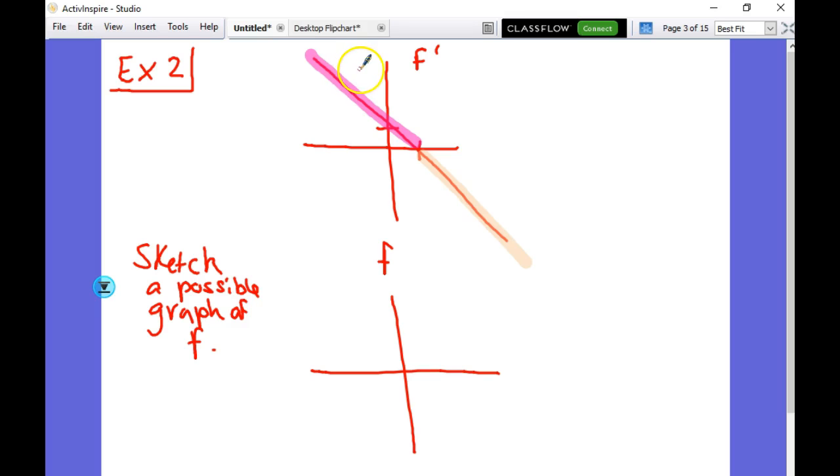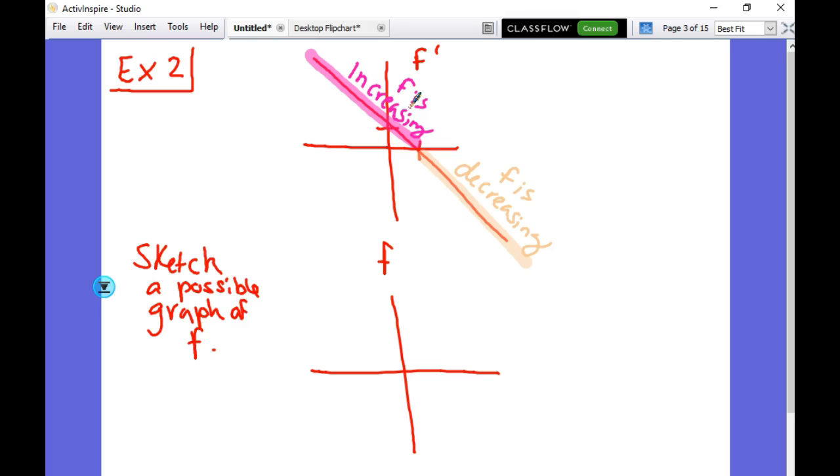So we have increasing, right? And then we have decreasing. And I should be more specific here. I should say f prime is decreasing, and I should say f prime is increasing. In this lesson in particular, the word "it" is murder.